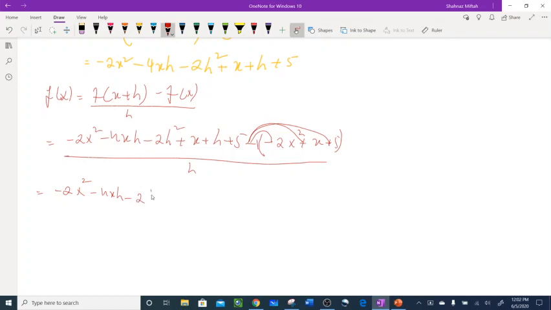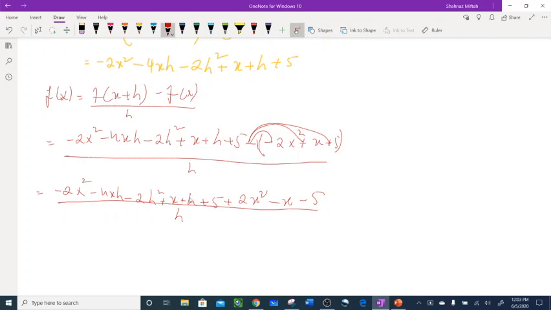Negative 4xh minus 2h squared plus x plus h plus 5. Negative times negative is positive 2x squared. Negative times positive is negative x. Negative times positive is negative 5. Everything is over h.